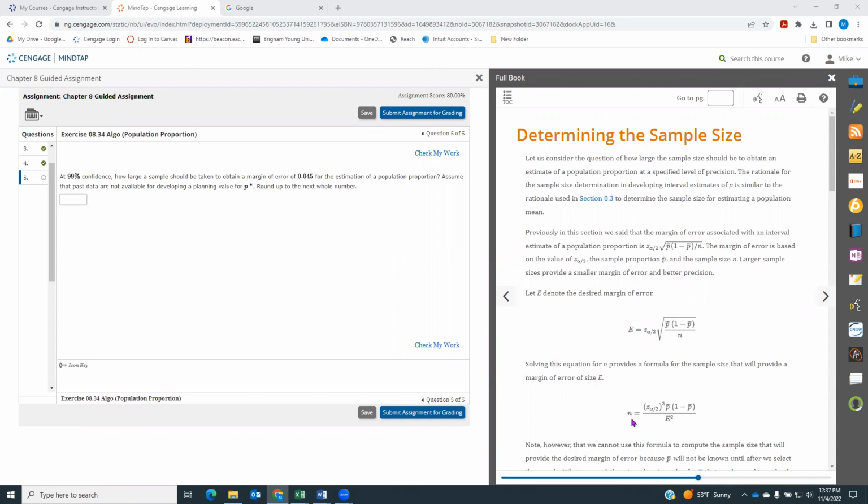So the formula for n is going to be the z-score of alpha divided by 2 squared times p bar times 1 minus p bar, all divided by the margin of error squared. Okay, so once we know that, we're in pretty good shape to just create our own little formula or a little function here in Excel.